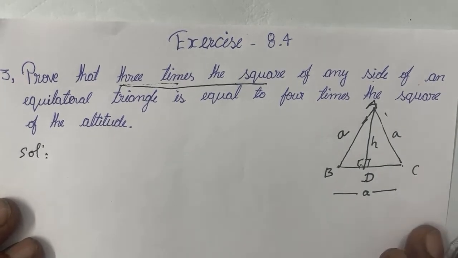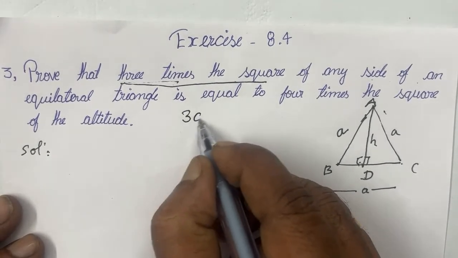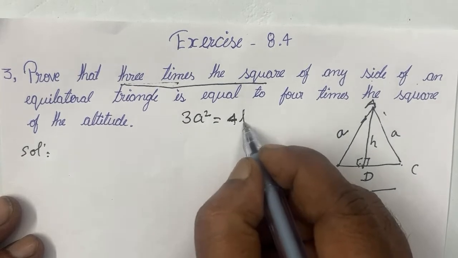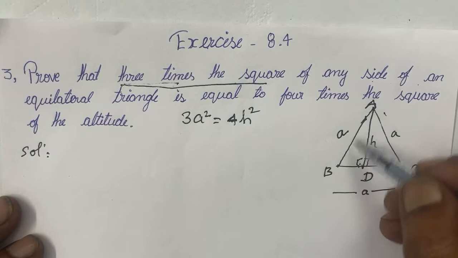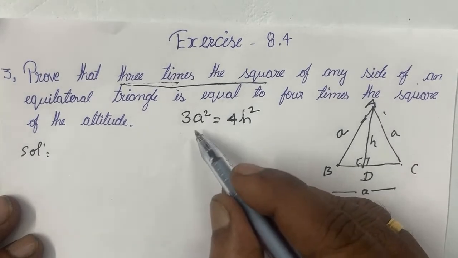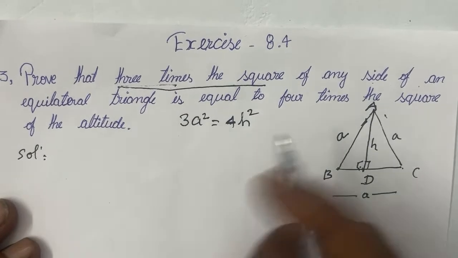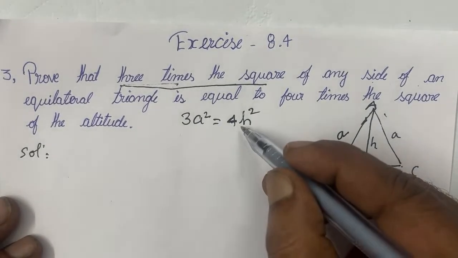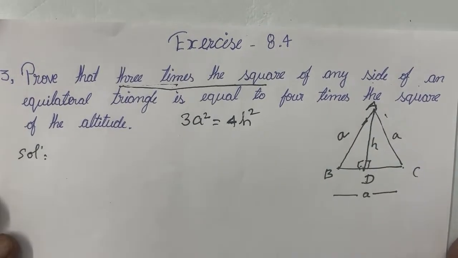That means we have to prove that 3a square is equal to 4h square. That means 3 times the square of this side a, which is going to be equal to 4 times the square of the altitude, what you call height. So that we are going to prove.